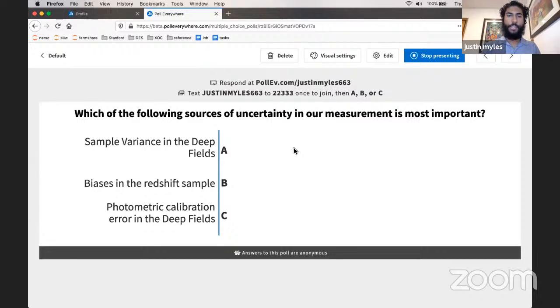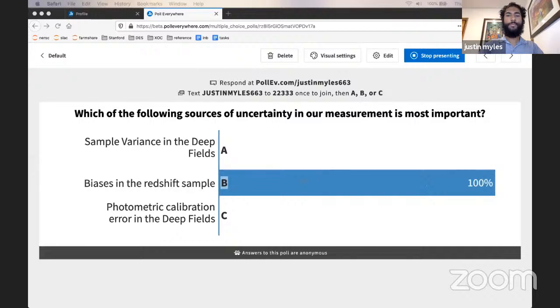So if you click on that link, it should give you the chance to vote. I'm going to attempt to vote to make sure this is working as well. Okay, cool.